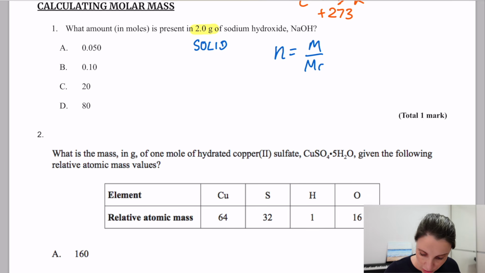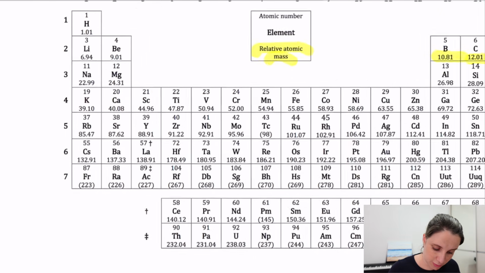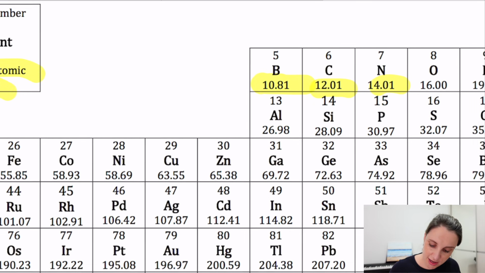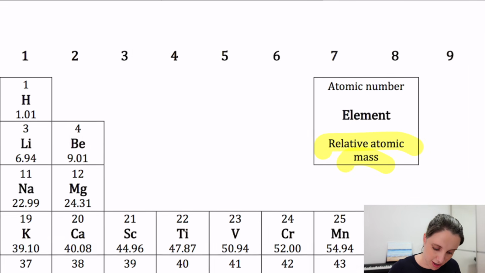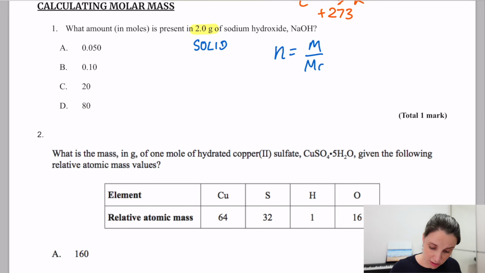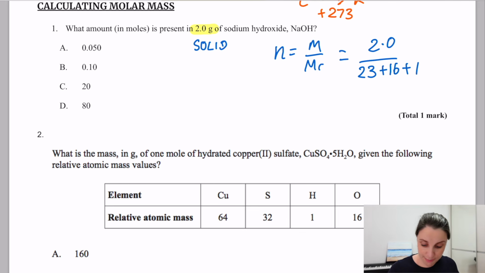And so what we've got here is we can take the formula mass for sodium, which is roughly 23, and then you've got the oxygen over here, which is 16, and then you've got the hydrogen at the top, which is around 1. So really all that they're asking you to do is they gave you the mass, the 2.0, divided by the formula mass, which is going to be roughly your 23 plus 16 plus 1. Okay? So this is roughly 2.0 divided by 40.